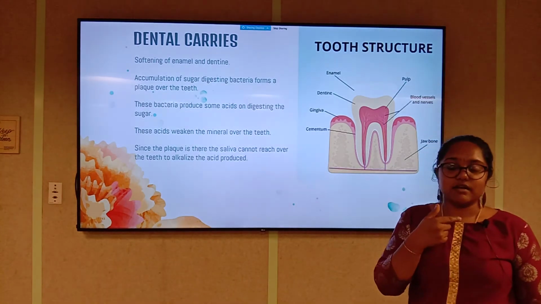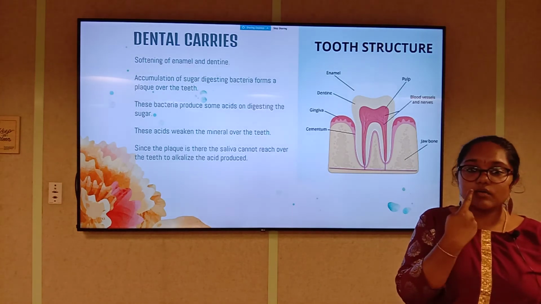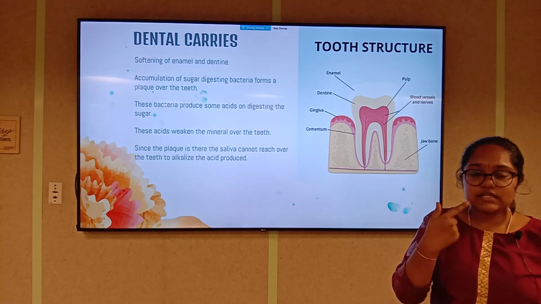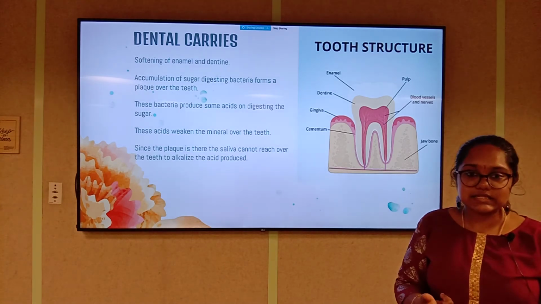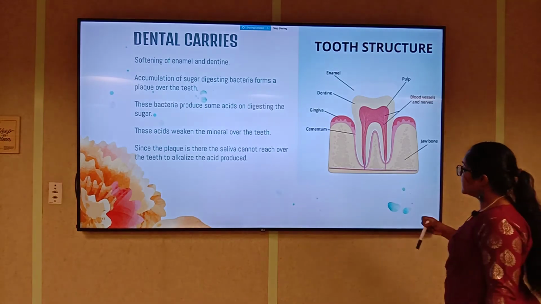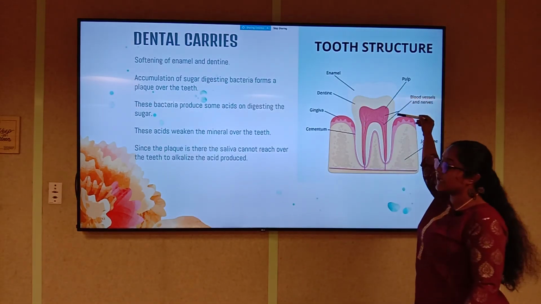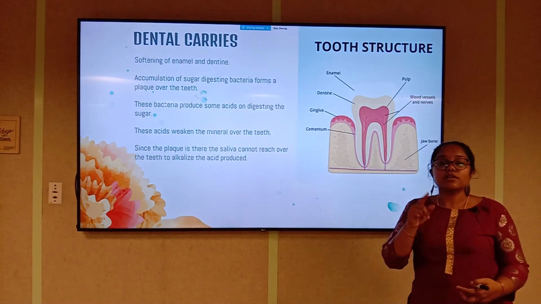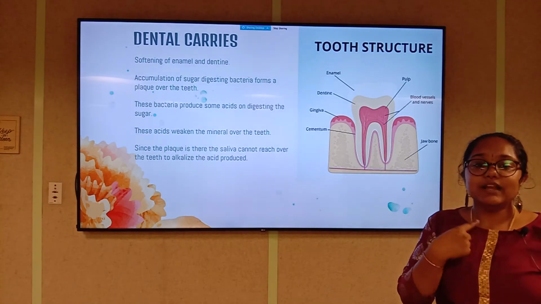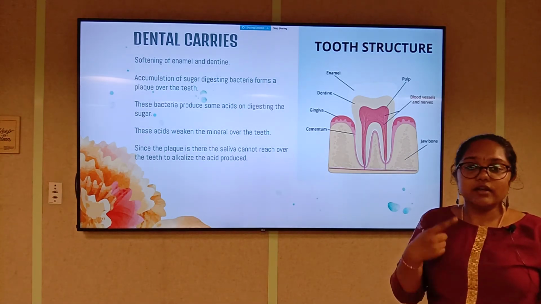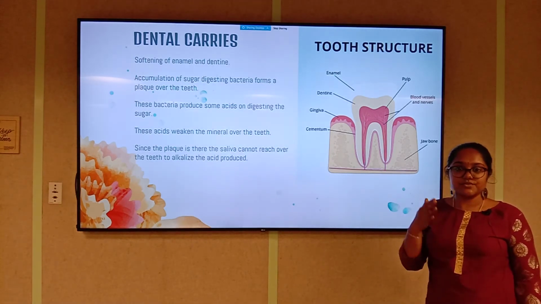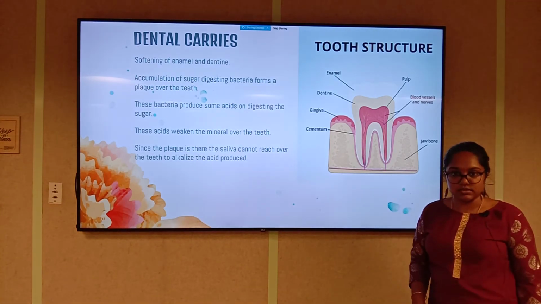Now these bacteria, when we chew the food, settle around our teeth along with the food particles, and when they digest that food particle, they release some acids which keep accumulating over our teeth. When I say accumulating over our teeth, that is accumulating over the enamel. And that is one of the reasons why if we don't brush our teeth properly, we get a yellowish covering around it. That yellowishness is because of the acid produced by the microorganisms which are digesting the carbohydrates, the sugars.